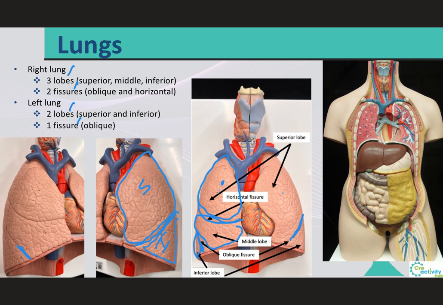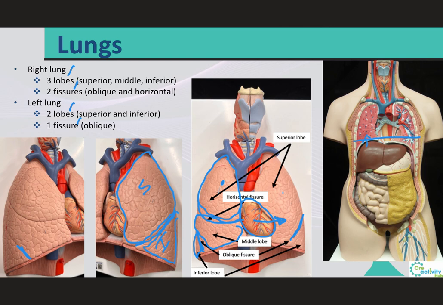Well, remember that you have the heart right in the middle, but the heart actually shifts a little to the left side. Therefore, there's less space on the left side. So this is why the left lung only has 2 lobes. The other thing that we can see from this image is how the right lung is a little bit more elevated than the left lung.